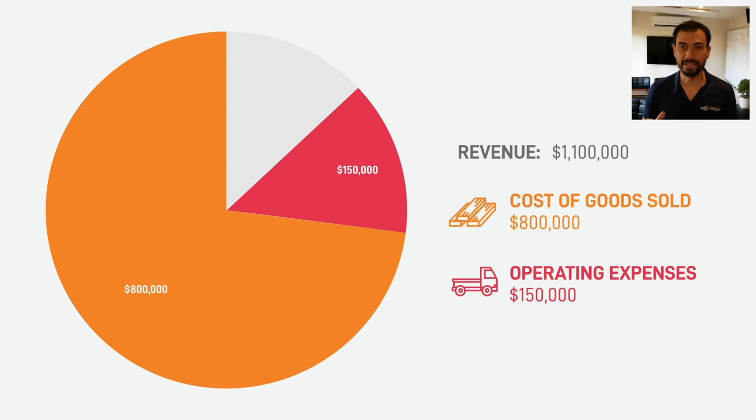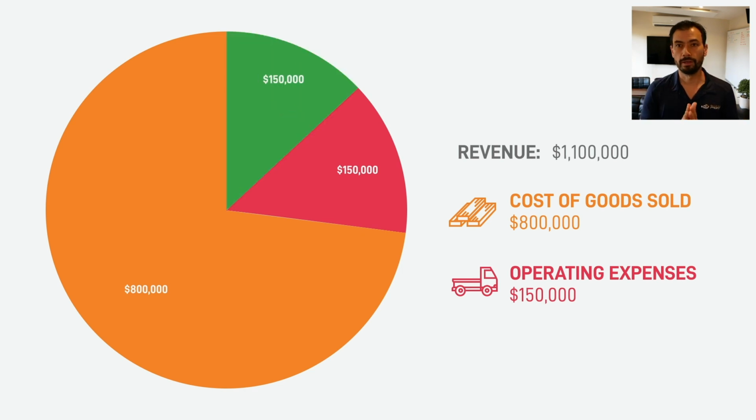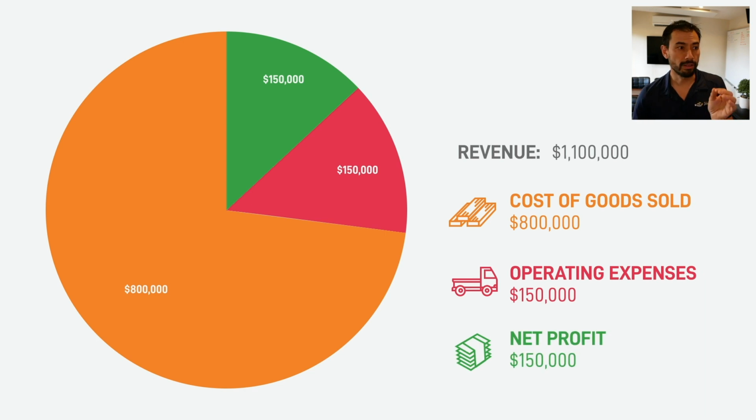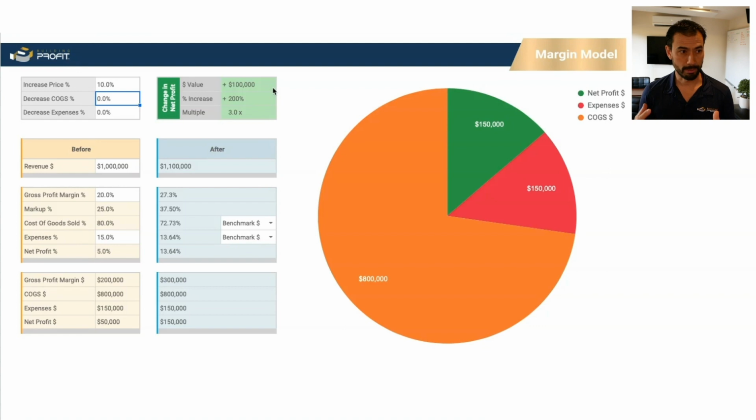But what you can actually see now is that the net profit that's left over is now $150,000. And that is, we've added an extra $100,000 to net profit, an increase of 200%, or the easiest way to put it is we've literally tripled the net profit in this particular business just by increasing prices by 10%.